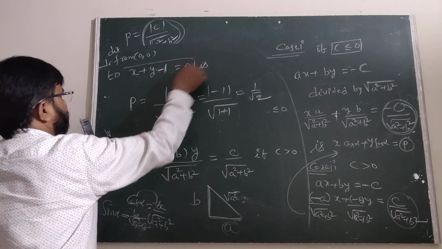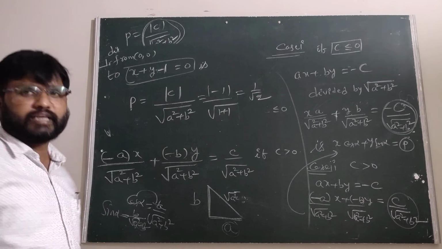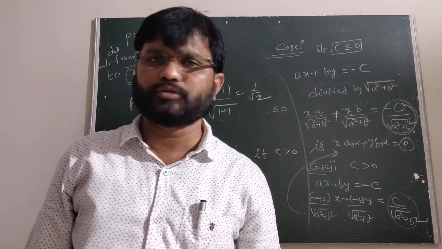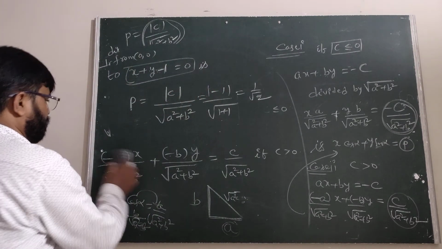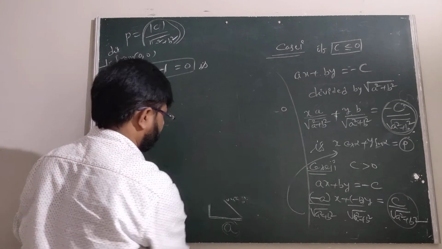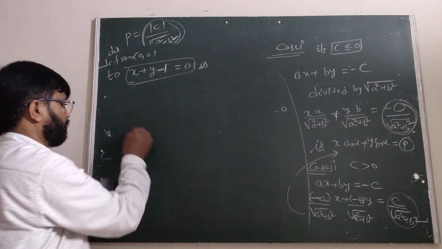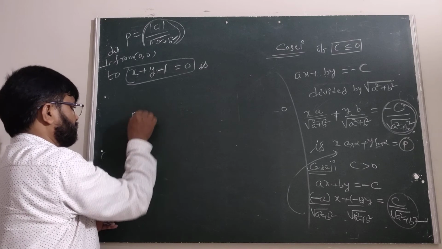So we have compared with ax plus by plus c equal to 0. What is the formula for the perpendicular distance? All of you listen here.